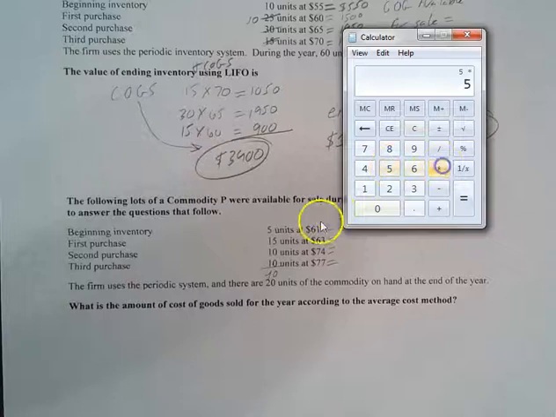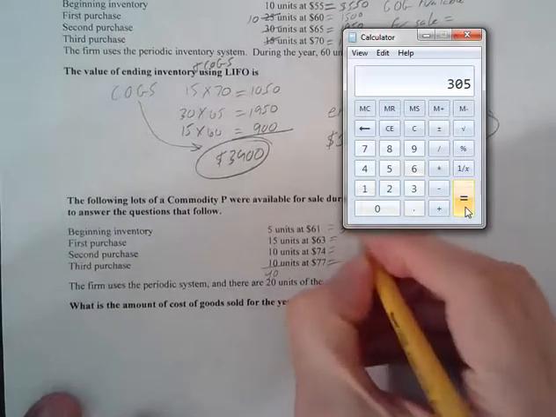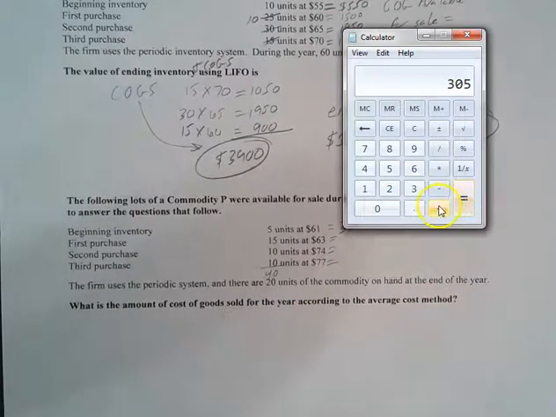We have 5 times 61 in our beginning inventory is 305. Plus 10 times 63. Now let's see here, let's start that over. 10 times 63 equals, whoops, I'm making another mistake. 15 times 63. 15 times 63 is 945.